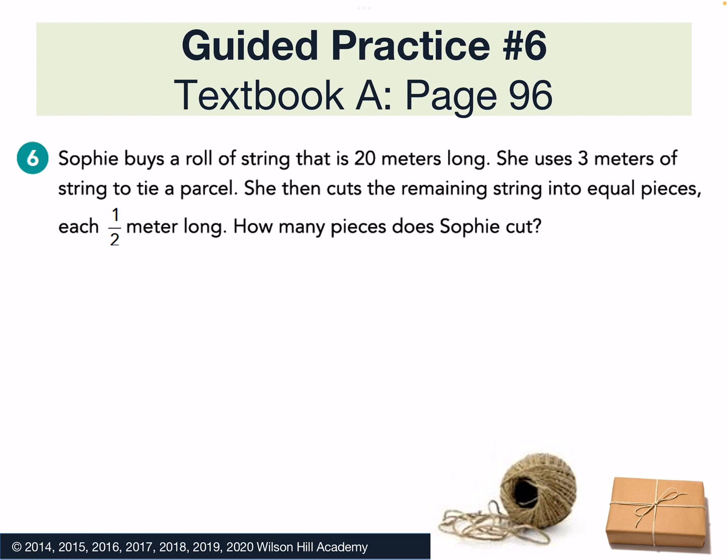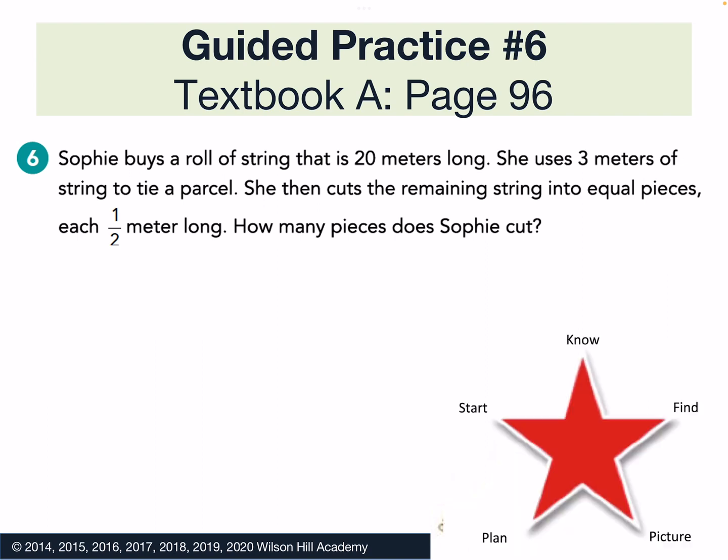Let's try another one. Sophie buys a roll of string that's 20 meters long. She uses 3 meters of string to tie a parcel, then cuts the remaining string into equal pieces, each piece 1/2 meter long. How many pieces does Sophie cut? Well, the first thing we're going to do is figure out what's given to us in this problem. What do we know?